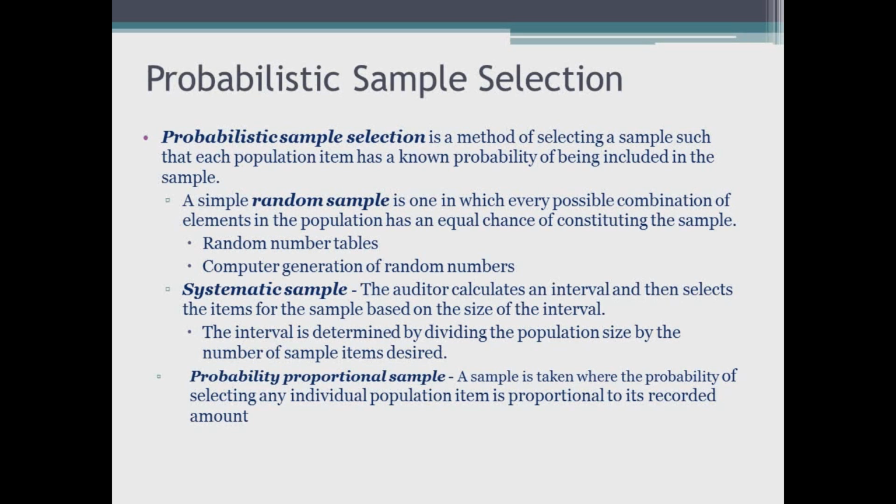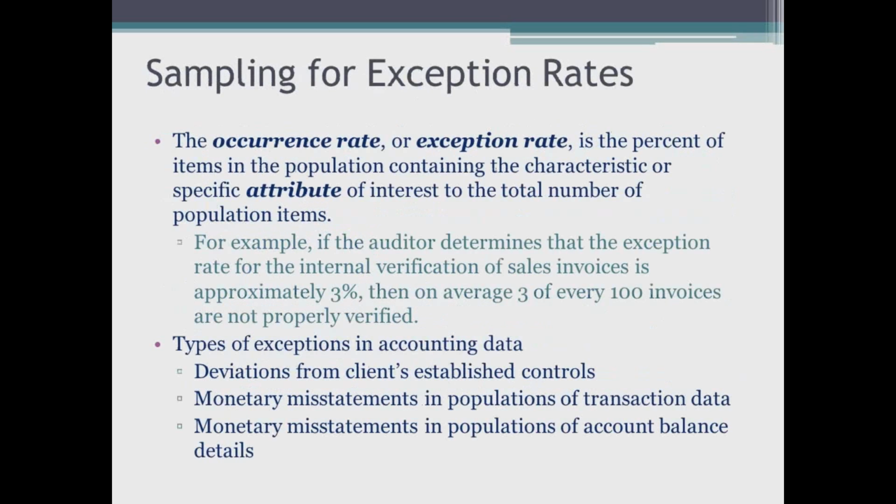Then probability proportional sampling is, as it would suggest, where the sample is taken so that the probability of any item being selected from that population is proportional to its recorded amount. So those are a little less haphazard than you would see with non-probabilistic sampling.